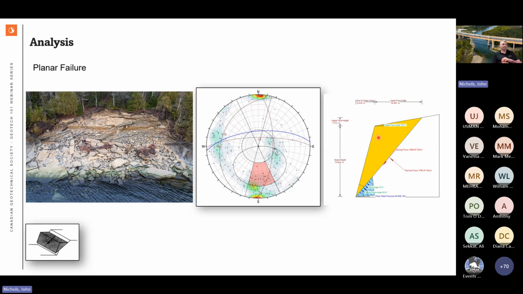This is a RocPlane analysis by the RocScience software, and this is a typical approach. We can use basic block analysis to come up with the same calculations, or we can use software. But this is the design analysis approach.